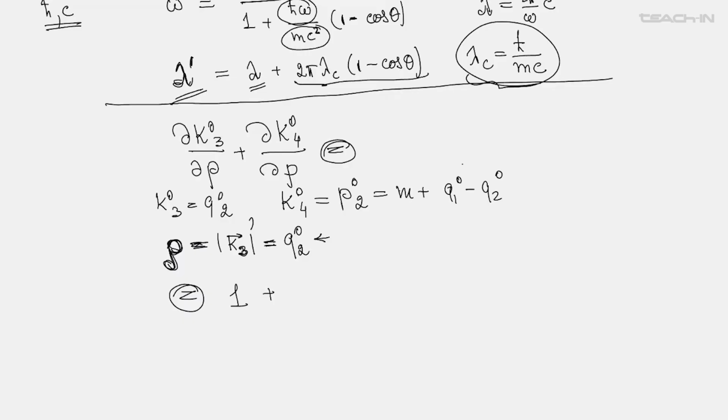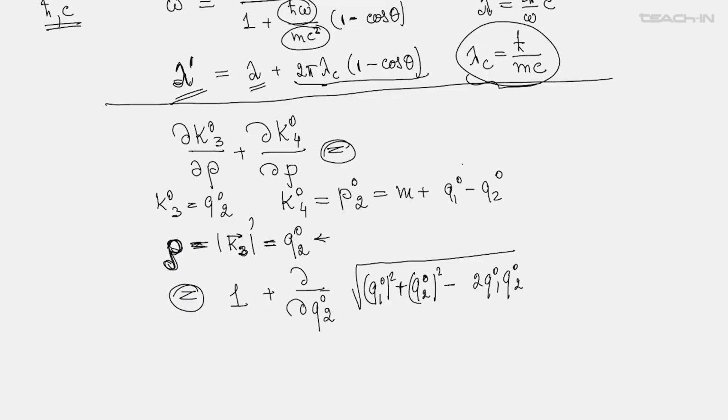I need to differentiate the following expression: square root of Q10 squared plus Q20 squared, minus twice Q10 Q20 cosine theta, plus M squared.